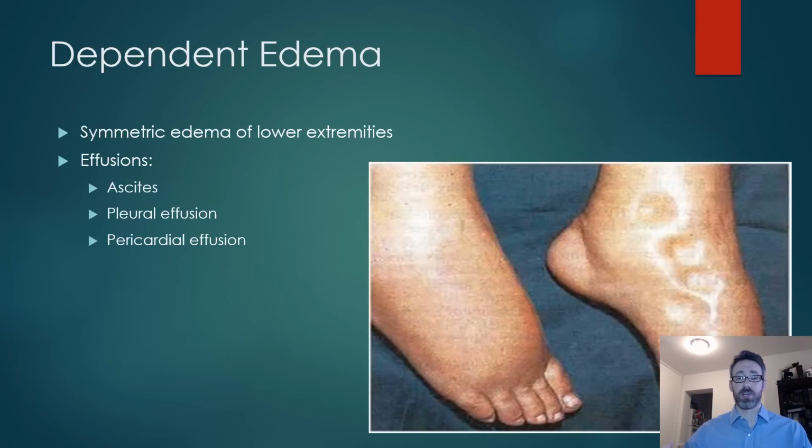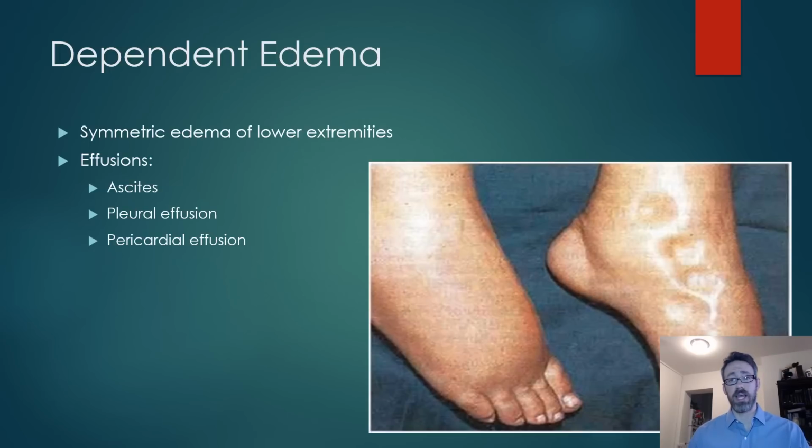So the dependent is really on the gravitational, the parts of the body that are affected by gravity. So oftentimes, with somebody, let's say, who has heart failure, you might see symmetric edema of their ankles, of their lower extremities, for example. There are other subcategories of edema. Sometimes we'll refer to them as effusions, and so these would not necessarily be in the dermis, but you might see things like ascites, right?